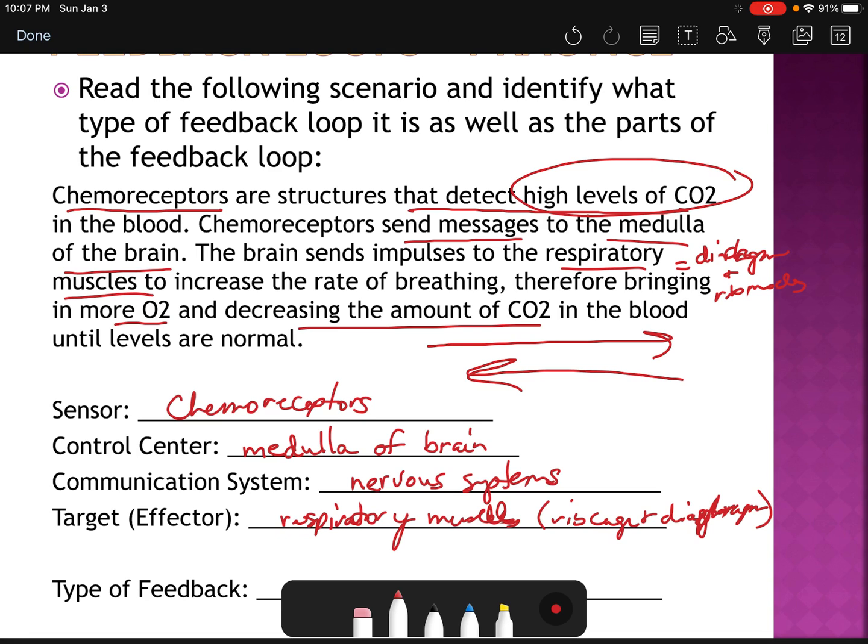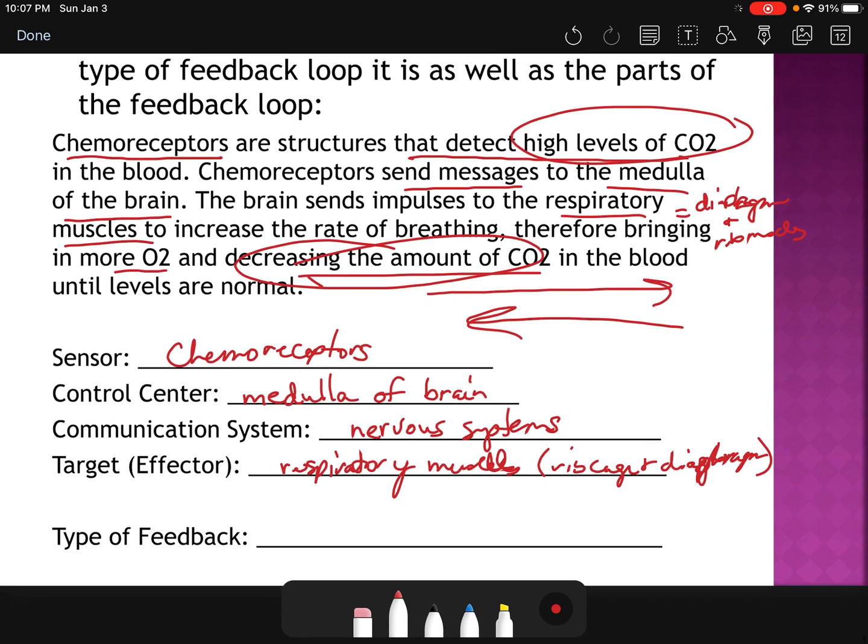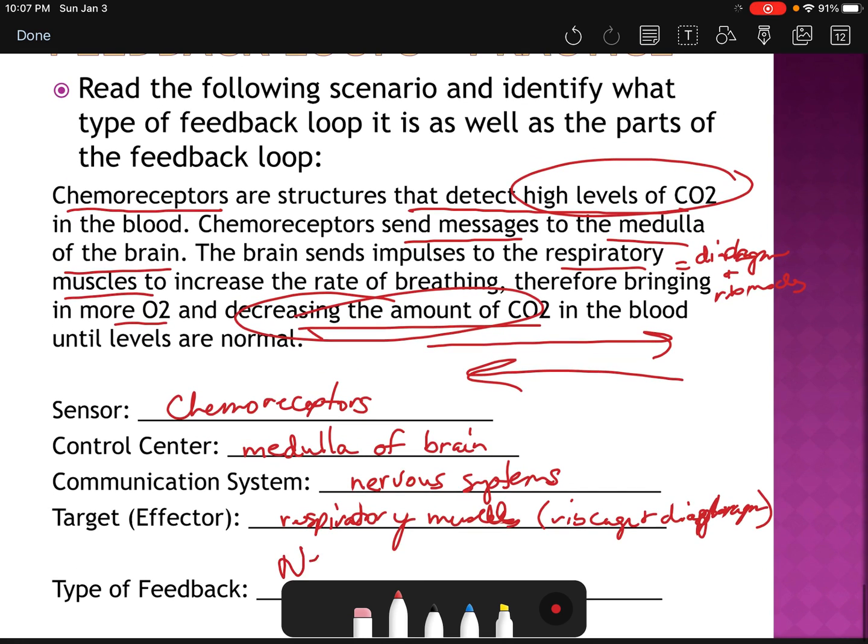Because if we had too high levels and now we're decreasing the amount, that means this would be a negative feedback loop. Okay? Because we're trying to counteract or reverse the change. We're not moving further and further away from the set point.